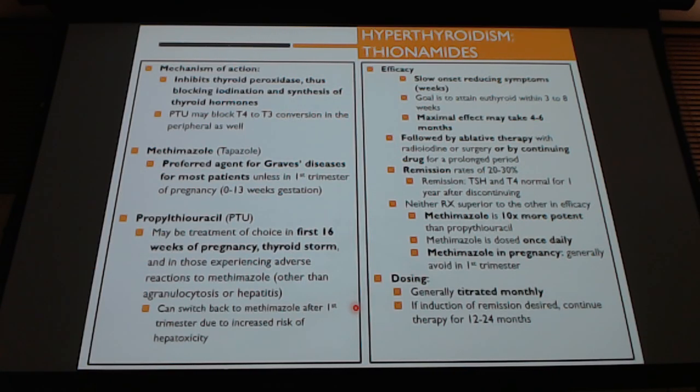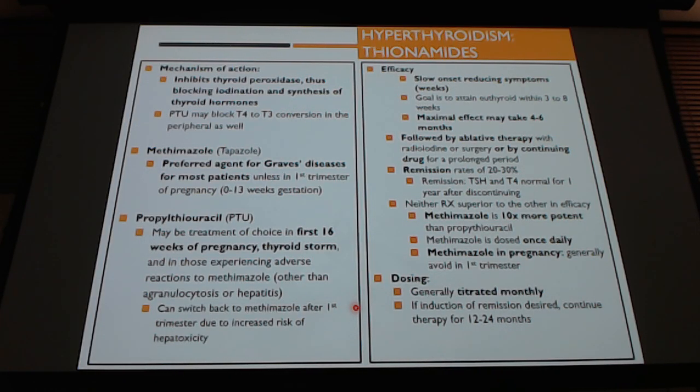After they get out of that first 16 weeks, we can switch them back to that methimazole, which is the one that we like to use. Some patients may be like, just leave me here for right now, which is also another option that you can have. So your drug of choice, especially when someone is initially pregnant who has hyperthyroidism, is going to be your PTU. And then if they are otherwise healthy and there's no contraindications, we like to use our methimazole.